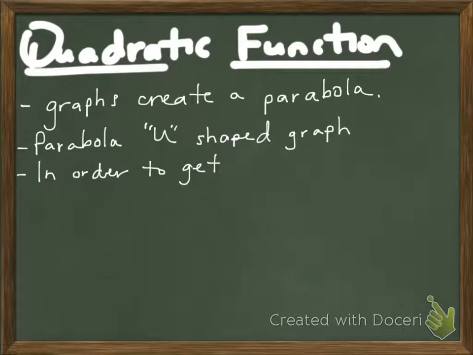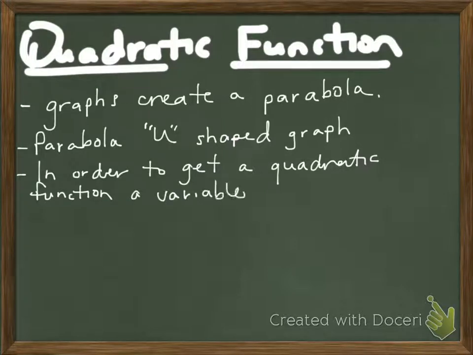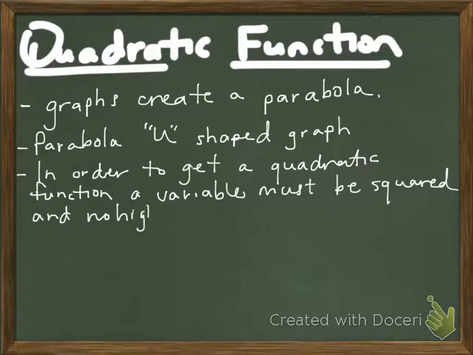In order to get a quadratic function, a variable must be squared and no higher. Okay, so when we talk about functions, they all have an equation. A function is another word for an equation as well.